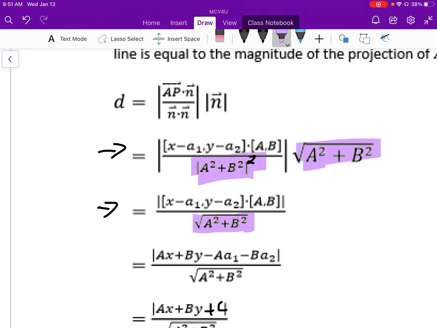With the dot product, we're using the point P, (x, y), the point A, (a1, a2), and the normal vector (a, b).